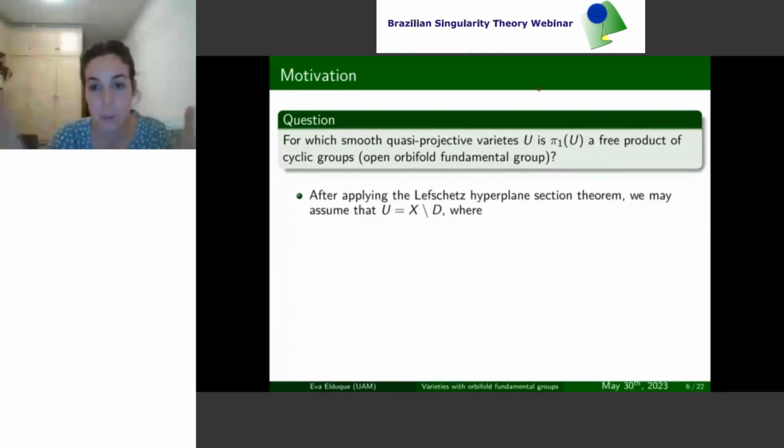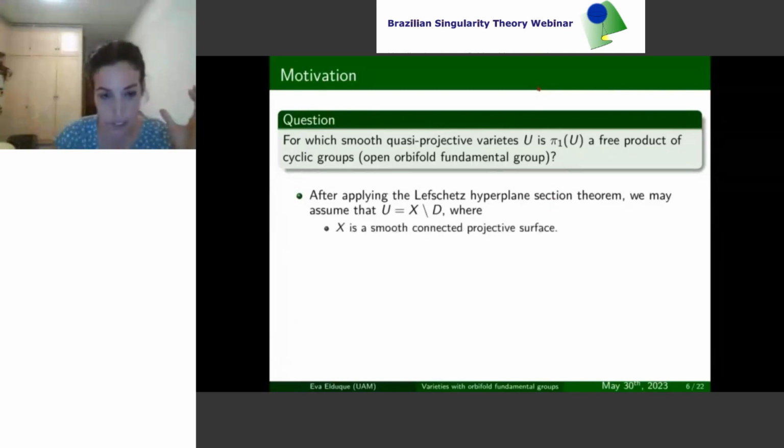So you may as well assume that your projective variety is a surface, which is smooth and connected, and that you're removing from it a curve, because from a surface you can remove curves or points, but removing points doesn't affect the fundamental group.